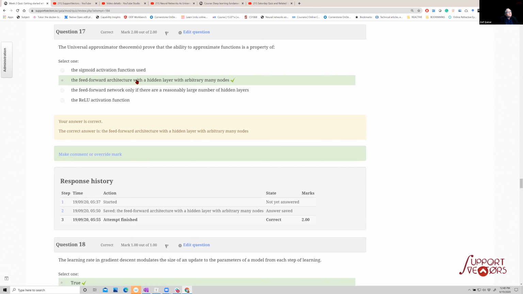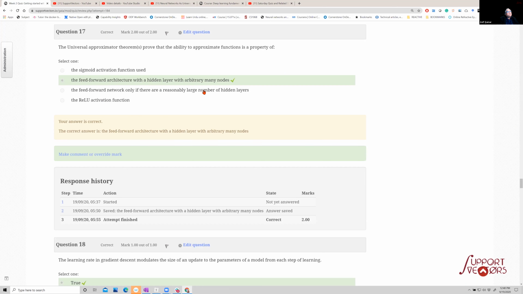The second paper said that it doesn't have to do with your activation function. So long as it is a feed-forward network, it will work. And that is the important thing. That's where we are today.